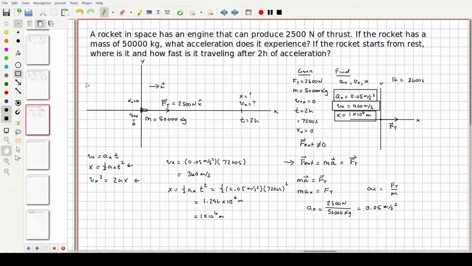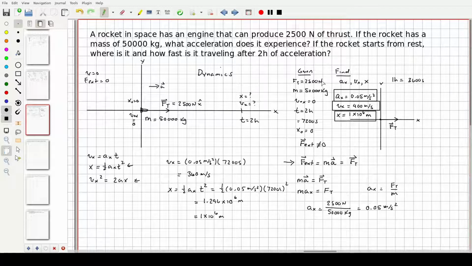So this would be an example of a type of problem called the dynamics problem. Statics problems are ones where the velocity is 0 and the forces add up to 0. Dynamics problems are ones in which that's not the case.